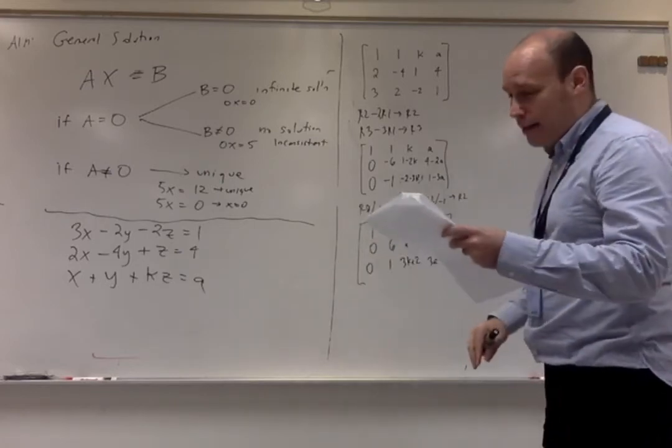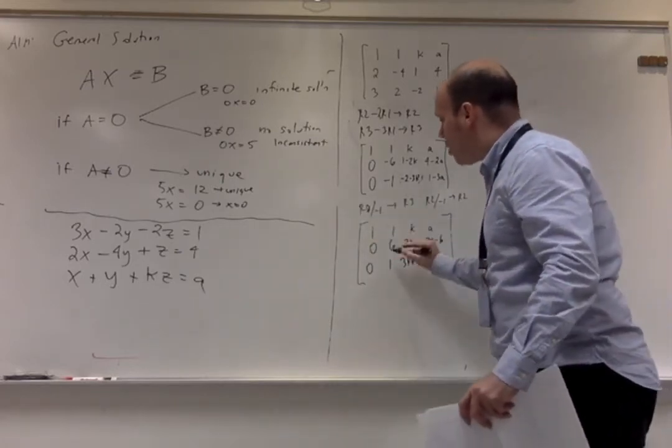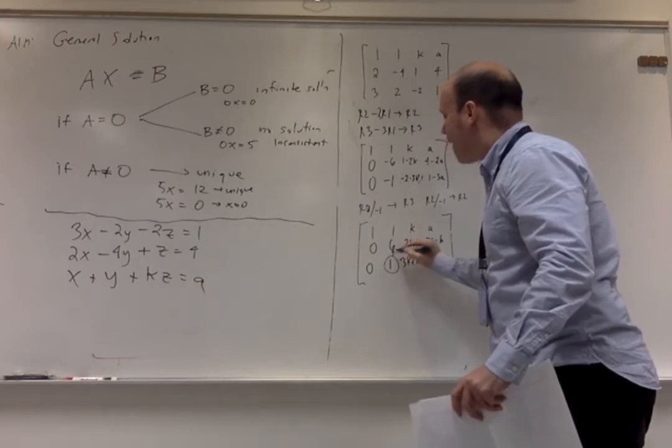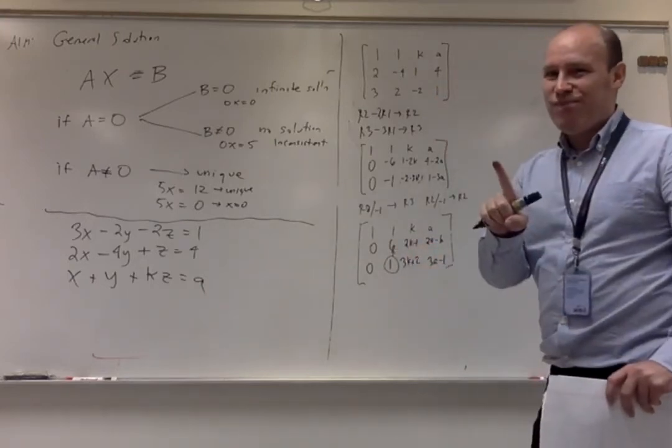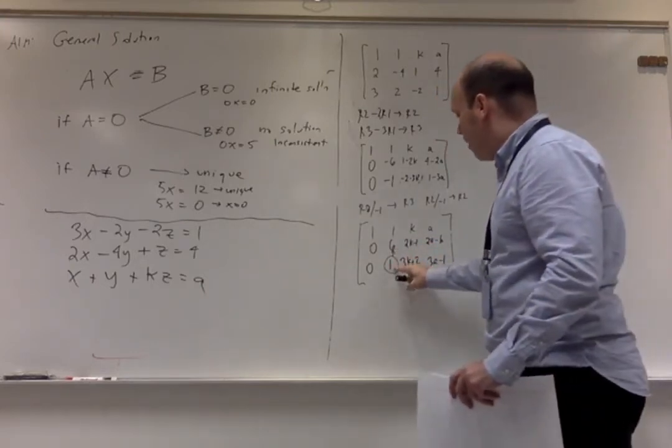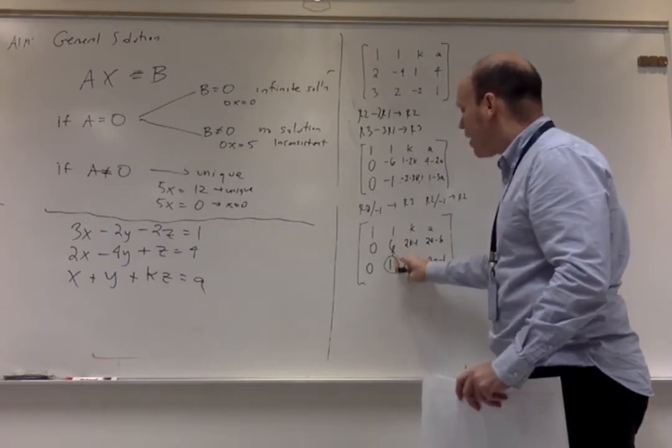Okay, last thing. I'm going to use this 1 to get rid of that 6. I can, right? I'm going to use that 1 to get rid of that 6.